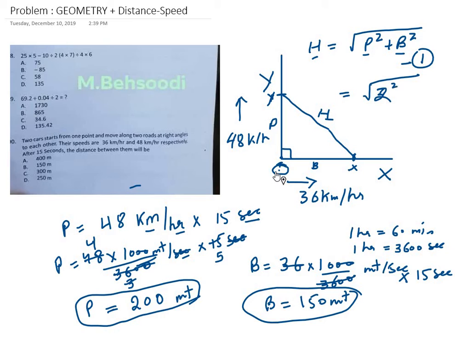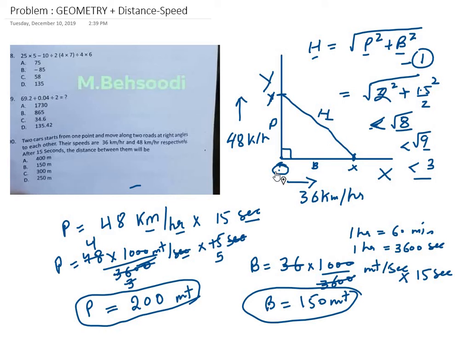So it will be 2 square plus, let's say B is around 1.5 square, so let's make it 2 only for now. So it will be under root 8, somewhere even lesser than under root 8 basically. And under root 8 is even lesser than under root 9. Under root 9 is 3, so the answer will be less than 300.